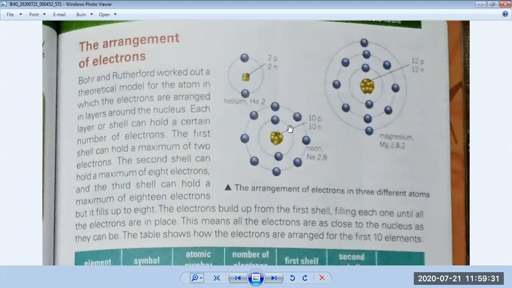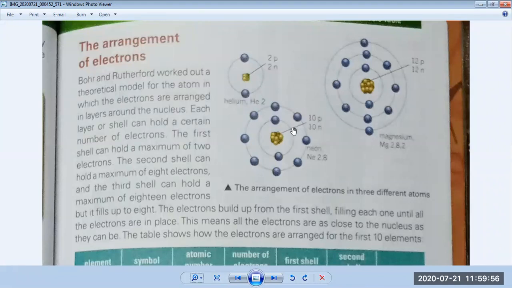So its atomic number is 10, and its mass number, I have told you, is found when we add the number of protons and the number of neutrons. These are 10 protons and 10 neutrons, so it would be equal to 20. So in neon, the atomic number is 10 and the mass number is 20.